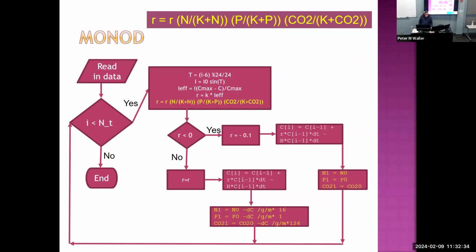So now we're going to add the Monod equation to the growth coefficient equation. So we already calculated it, but now we're just going to adjust it downward. And what I've done is I've multiplied the Monod equations for each nutrient. And what's typically done in biological modeling is you multiply all the stresses together.